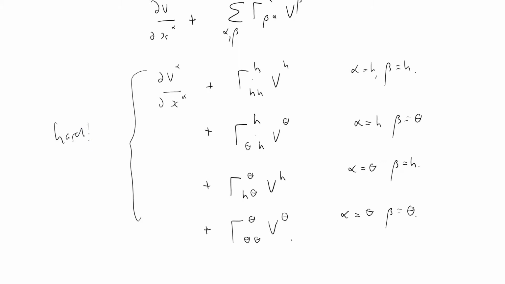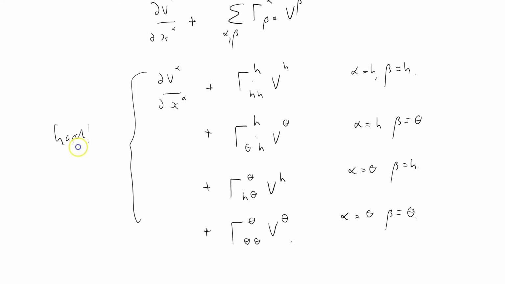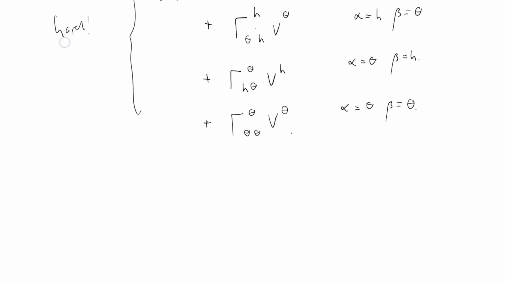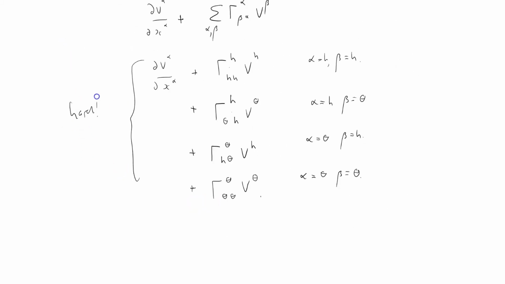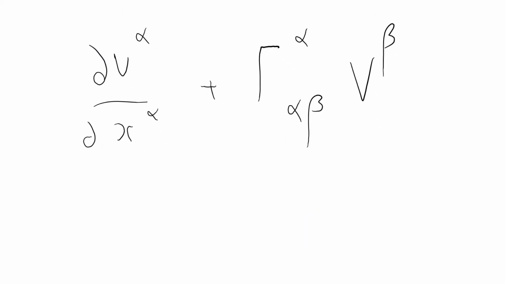Okay, so let me write out again what I want to do. We've got ∂v^α/∂x^α plus the Christoffel symbol of the second kind, Γ^α_{αβ} v^β. Oh, I've swapped my alphas and betas around, but it doesn't matter.